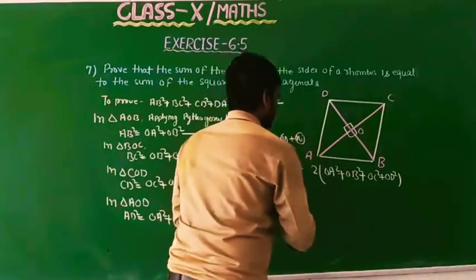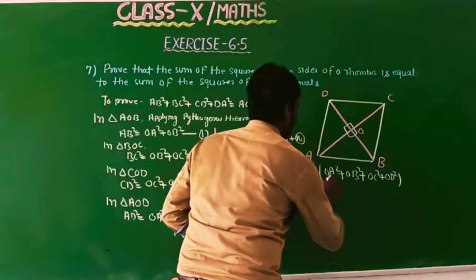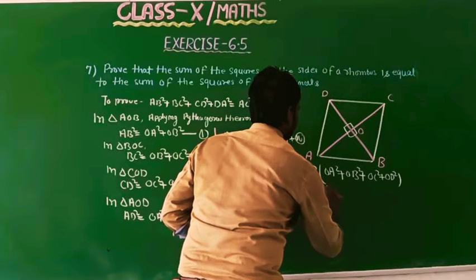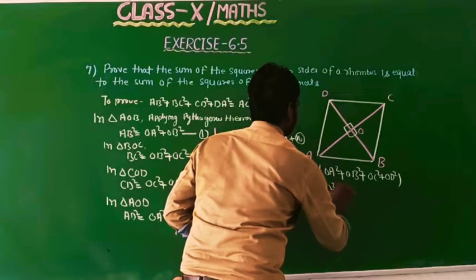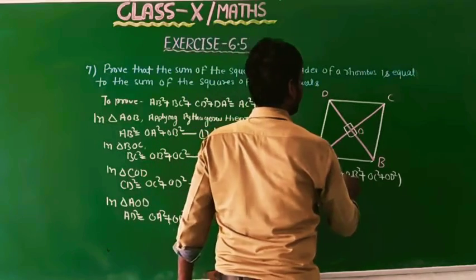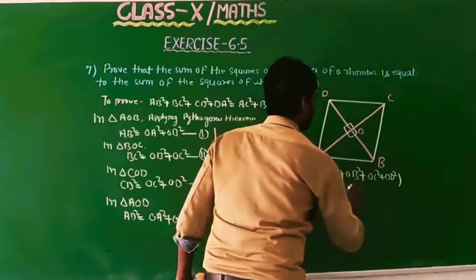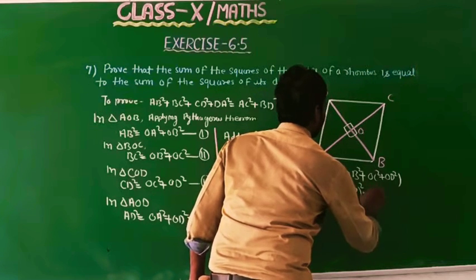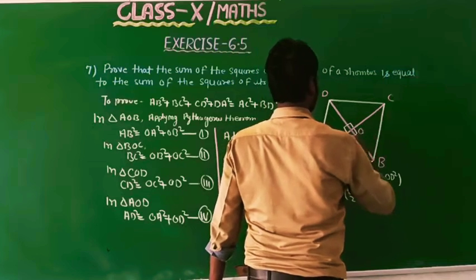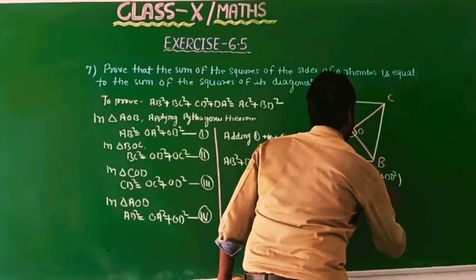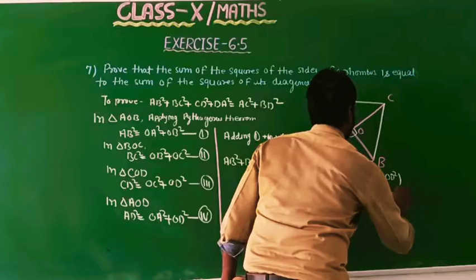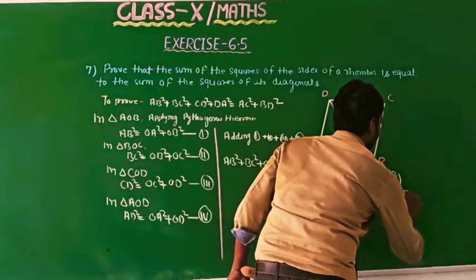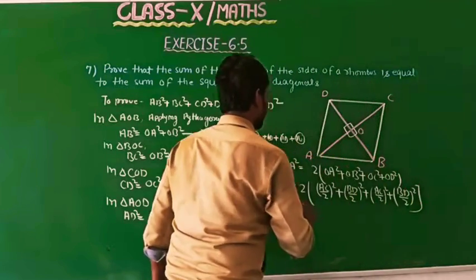So therefore OA equal to AC by 2, plus OB equal to BD by 2 square, plus OC, again this is AC by 2 whole square, plus OD, this is BD by 2 whole square.